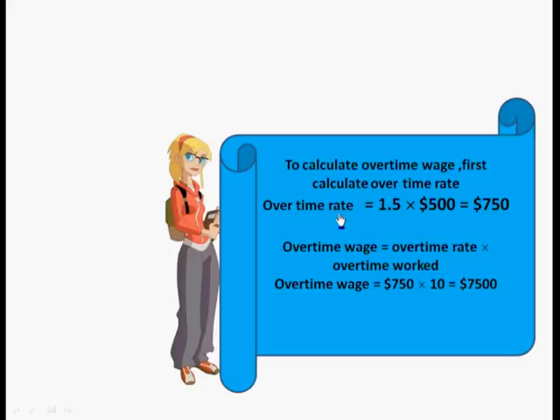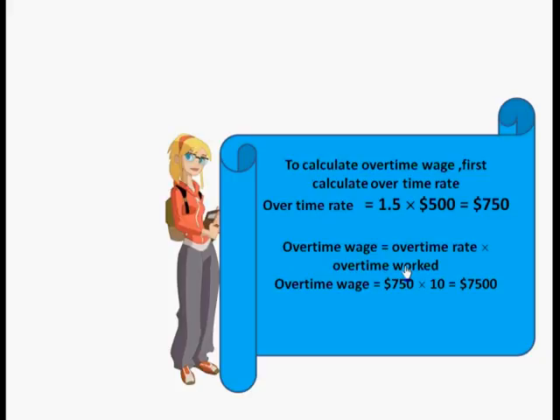So in a question where you see overtime exists, you first work out the overtime rate first by multiplying time by the basic rate. Now, the overtime wage is equal to overtime rate times overtime worked. Now, overtime worked simply means the extra hours the person has worked.